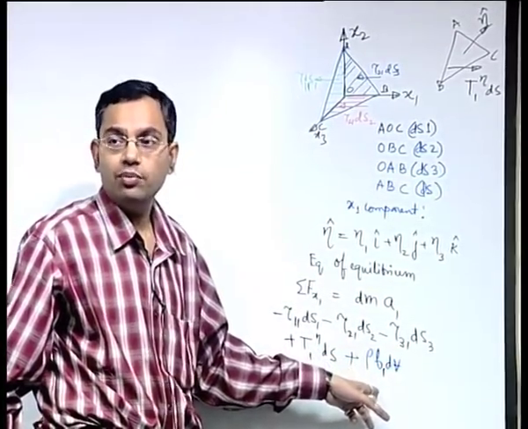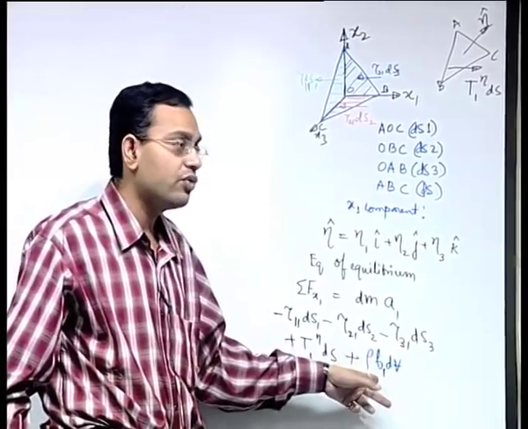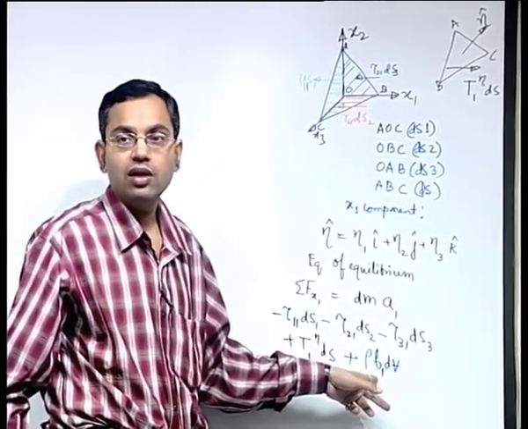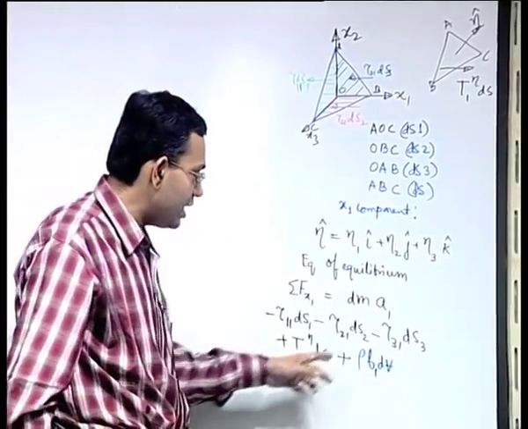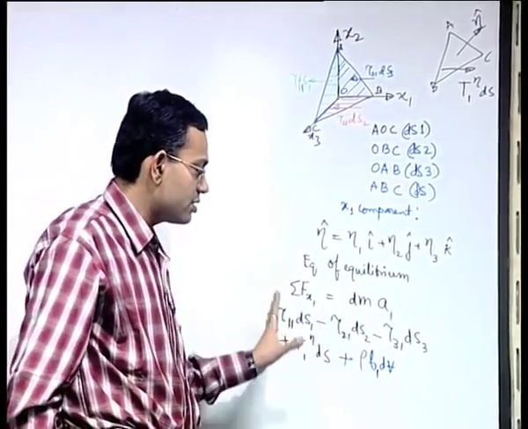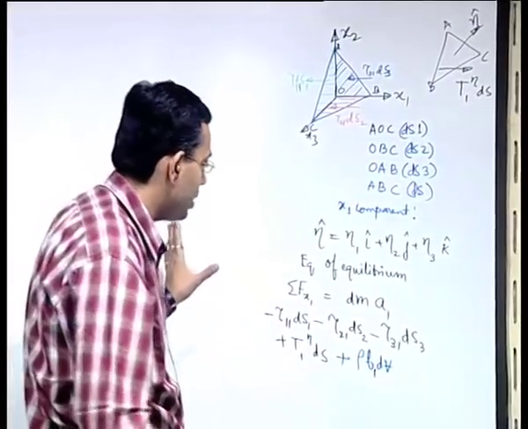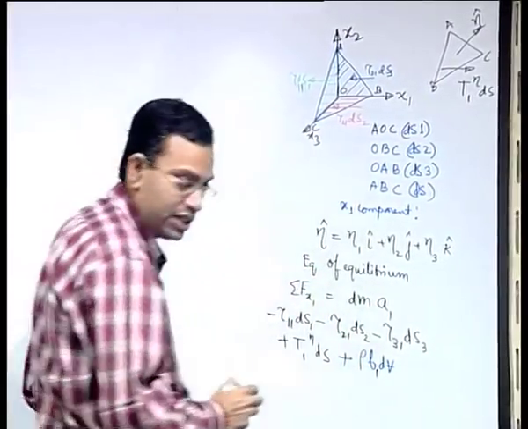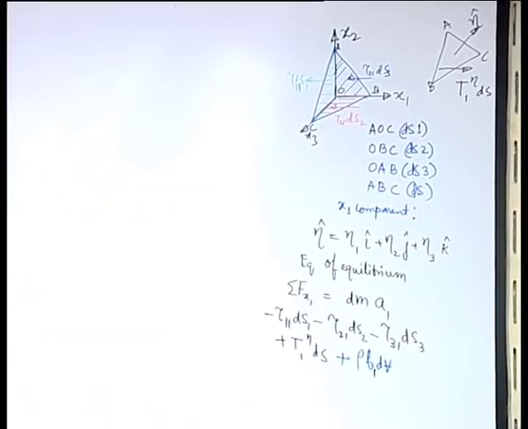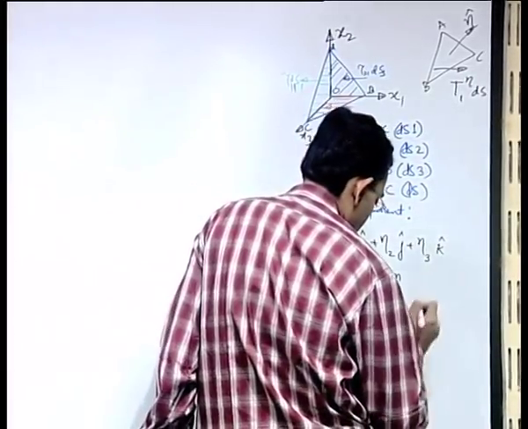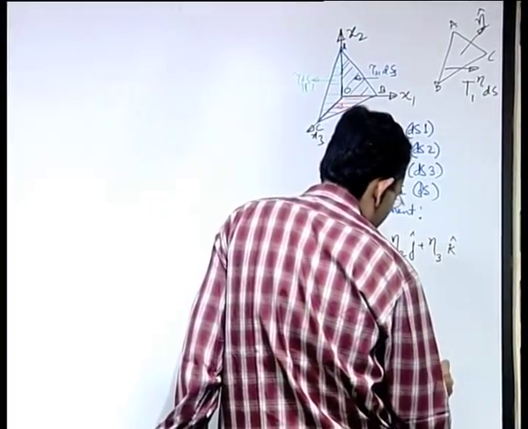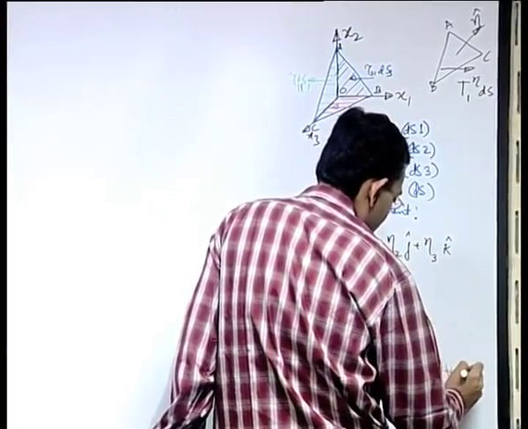So, rho B1, where B1 is the body force per unit mass along the x1 direction. We will be able to write this in terms of several other quantities, but let us write it in this way first, is equal to dm, that is rho dV, times A1.